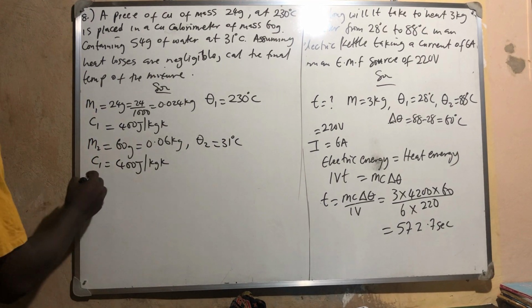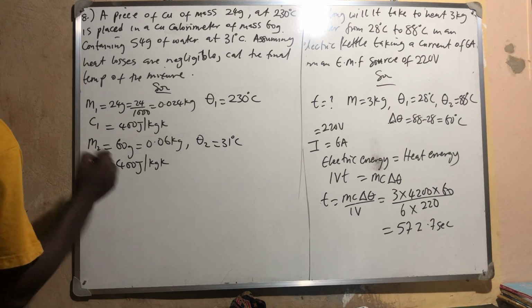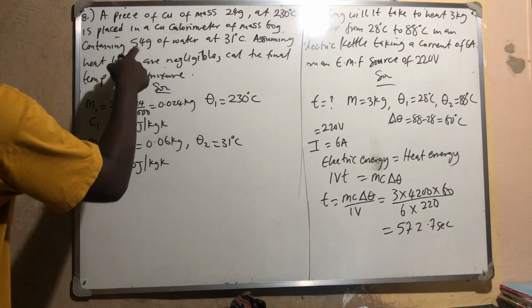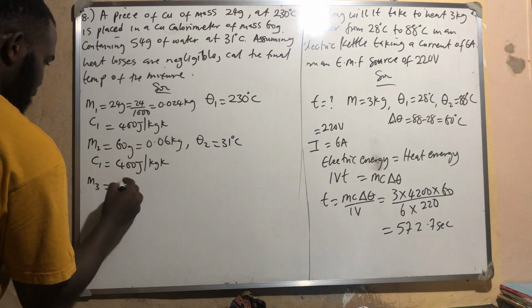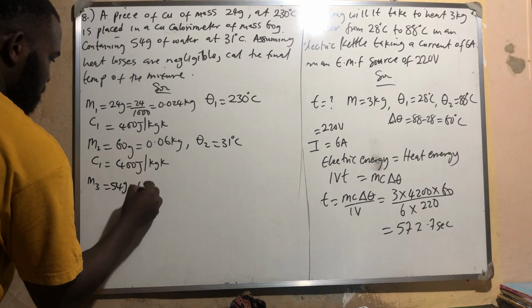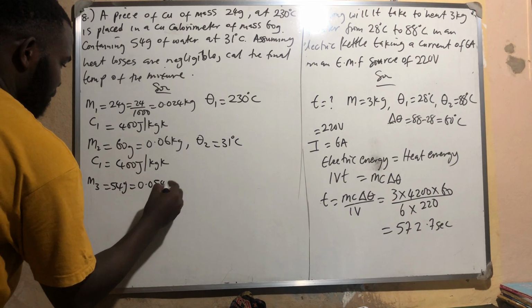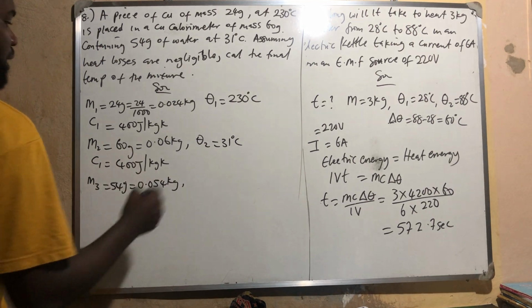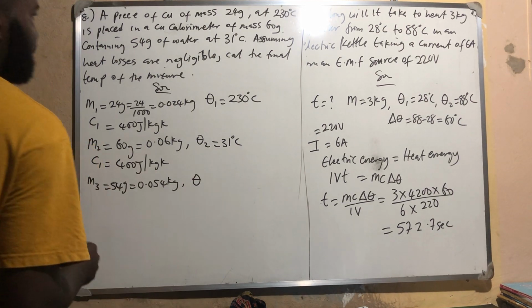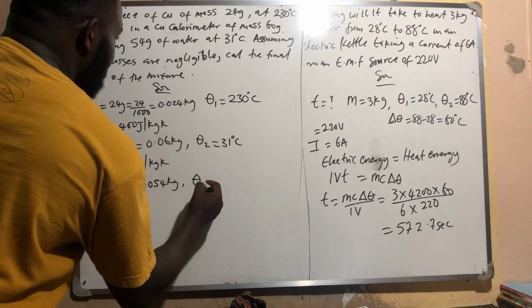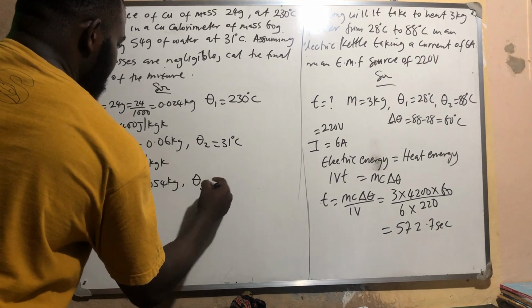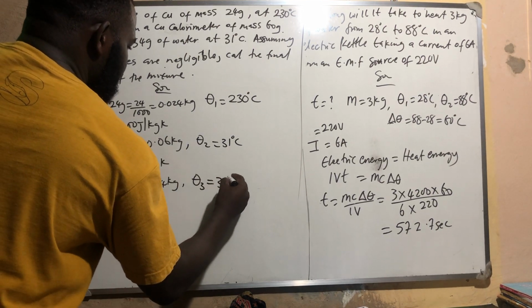Let's go to 333. M3 is the mass of the water, and the mass of the water is 54 gram, which is 0.054 kilogram. Then the next one is the temperature of that water, theta 3, which is equal to 31 degrees Celsius.